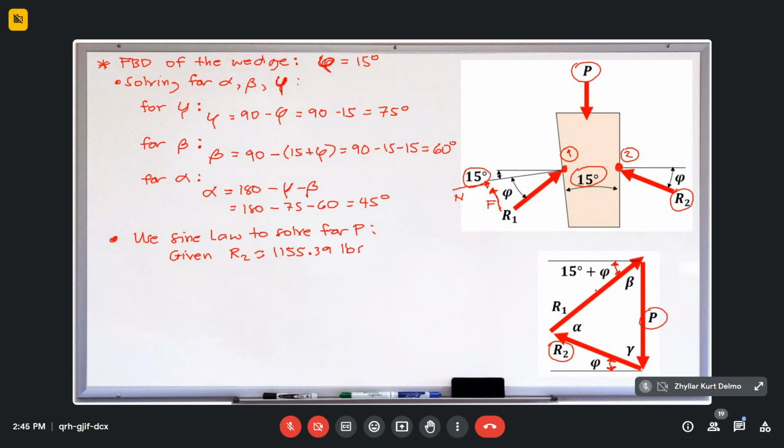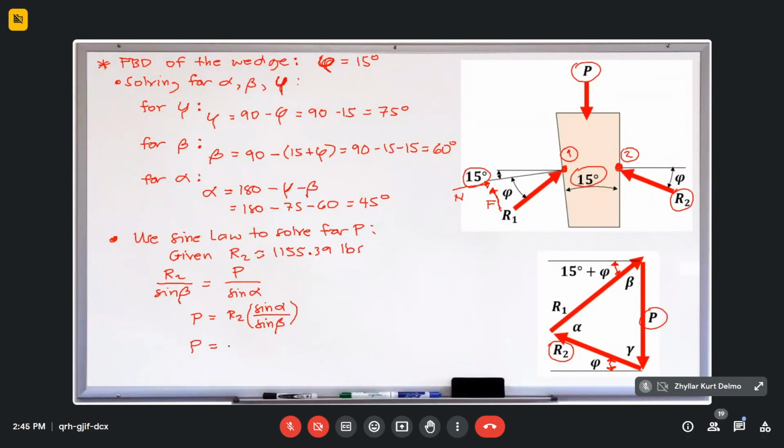So ato relate ang side R2, using sine law, R2 over ang iyang opposite angle, that's beta. So sine beta is equal to the unknown force P over sine alpha. So P therefore is equal to R2 times sine alpha over sine beta.